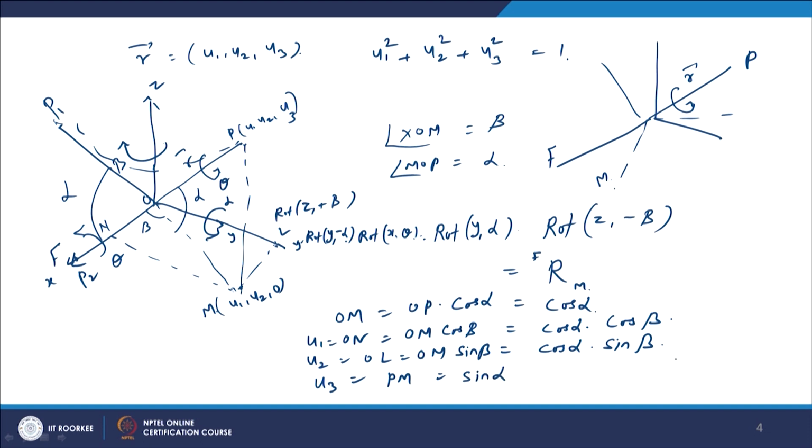So, now we can use this relation for U1, U2, U3, cos alpha sin beta etc., along with the relation U1 square plus U2 square plus U3 square equal to 1.